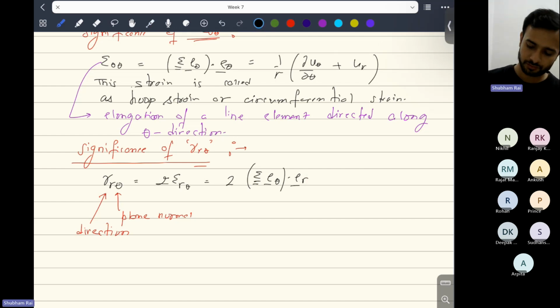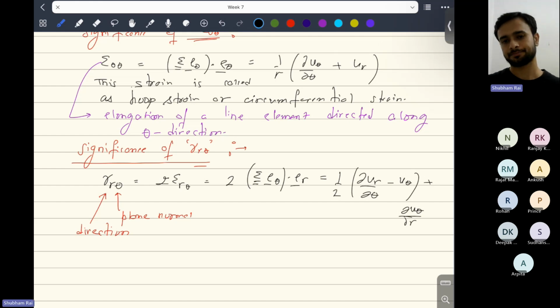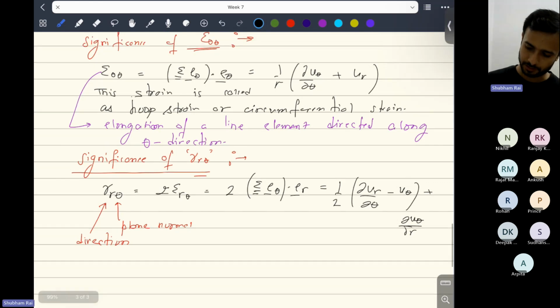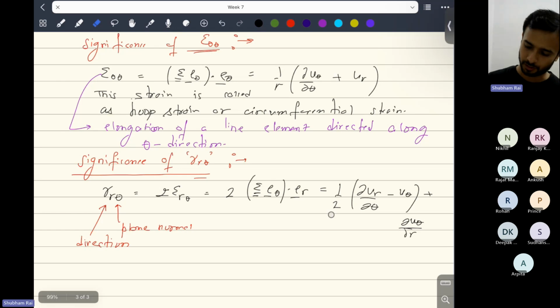Anyway, this will be given by 1 over 2 del u r by del theta minus u theta plus del u theta by del. There is some mistake here, there will be 1 over r as well. So let me write this will be 1 over r, or you can say 2 over r.